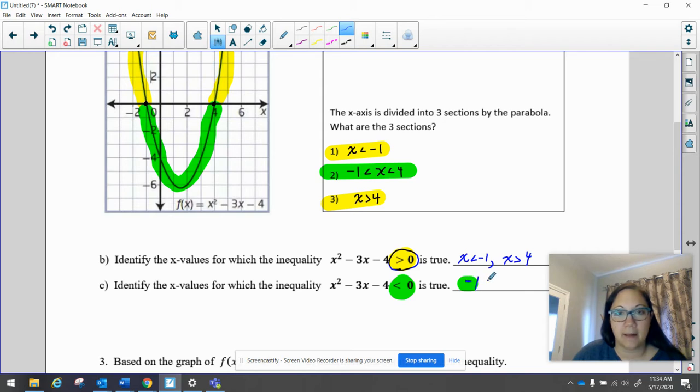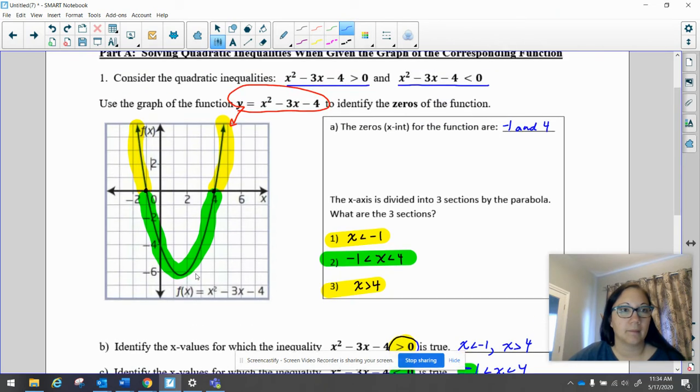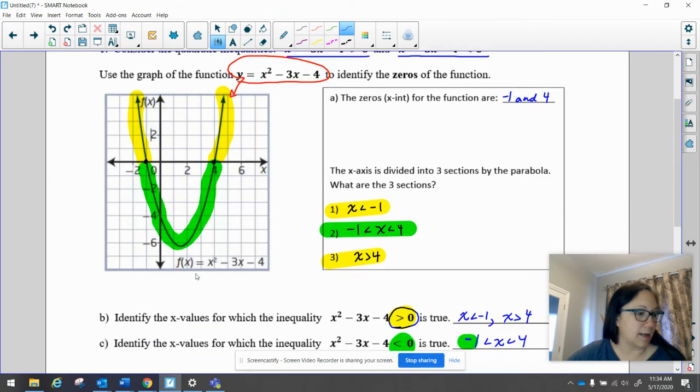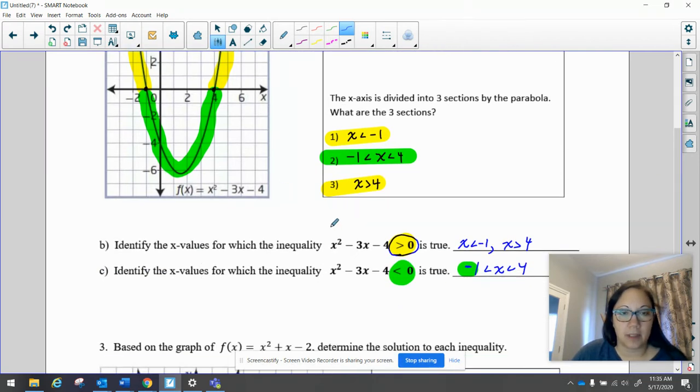So that would be from -1 to 4. Okay, so this is when we had, in other words, positive y values or positive graph, and this is when we had a negative graph.